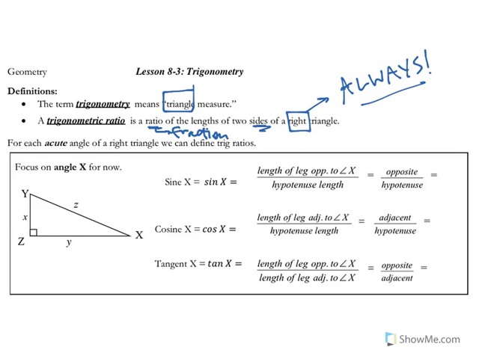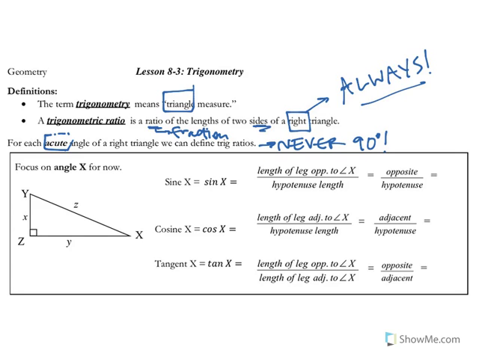Okay, what we have here, we have an example with a triangle XYZ. And for every acute angle of a right triangle, we can define trig ratios. It only works with acute angles. It can never be 90. It's always one of the other angles, never 90 degrees.